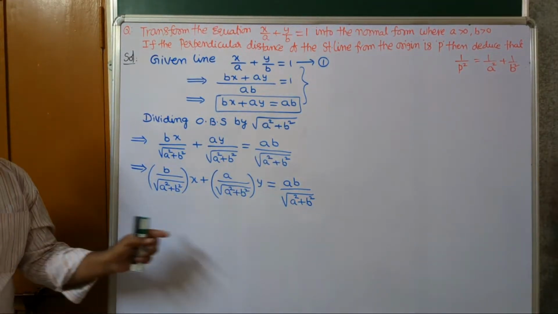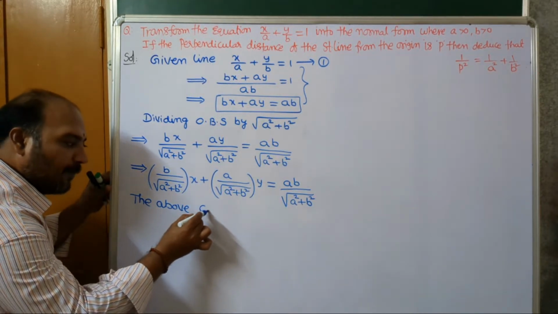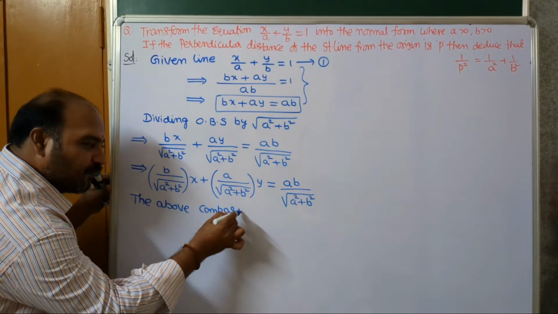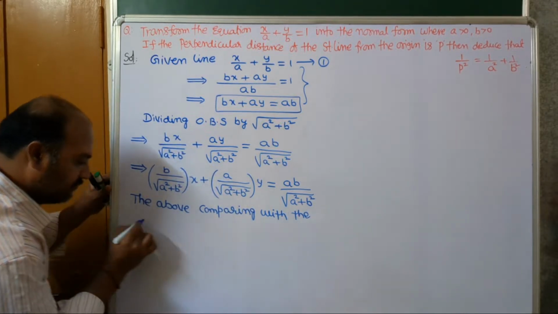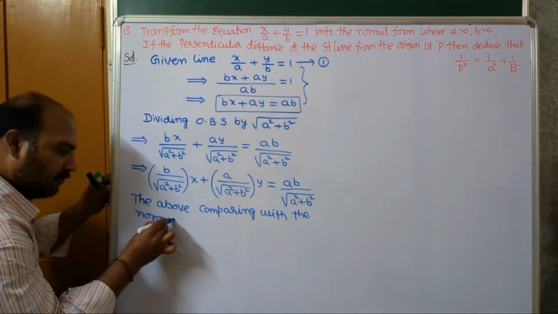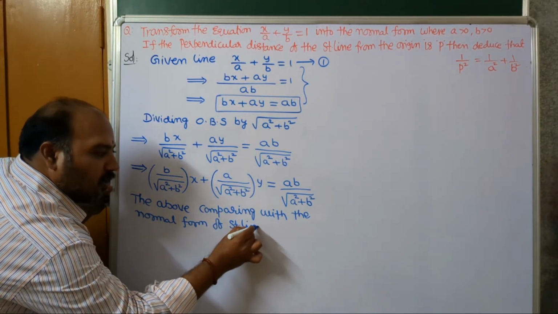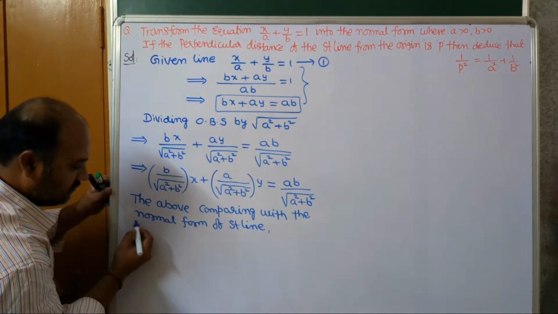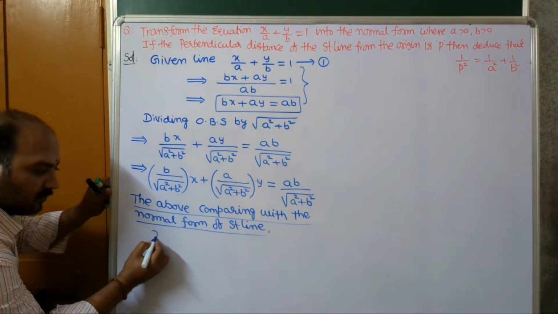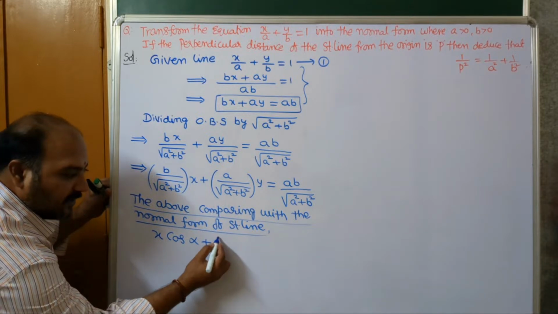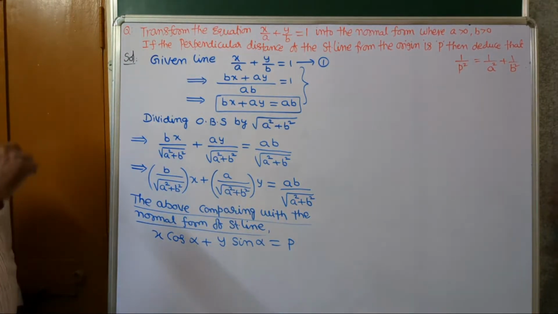After reducing into this form, comparing with the normal form of the straight line. What is the normal form of the straight line? x cos alpha plus y sin alpha is equal to P. What is cos alpha?